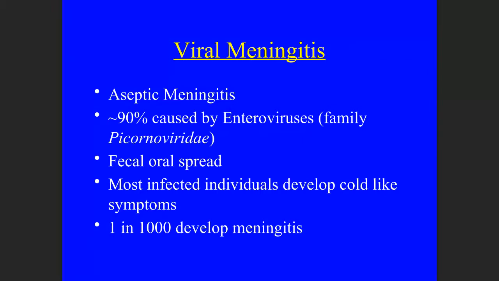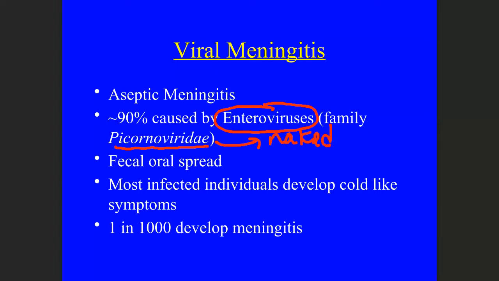And if it does happen, it's usually caused by a virus that's called an enterovirus. Now, this next part is something you don't need to know, but the enterovirus is in a family of viruses that's called the Picornaviridae family. And one thing that all of those members of that family have in common is that they're all naked viruses.